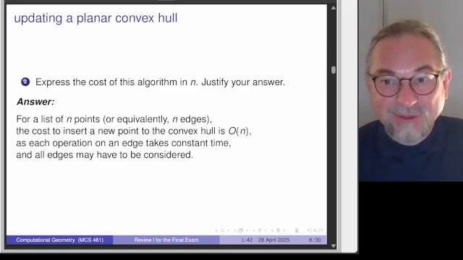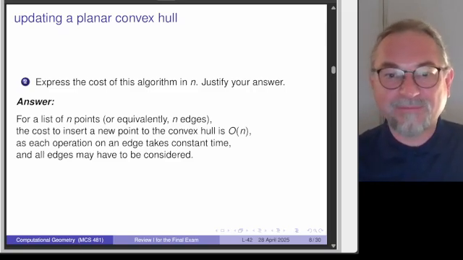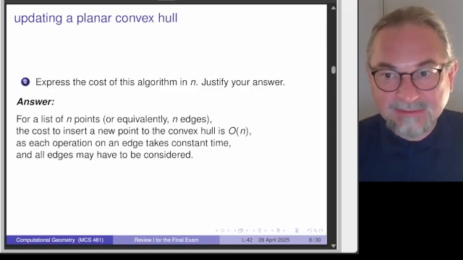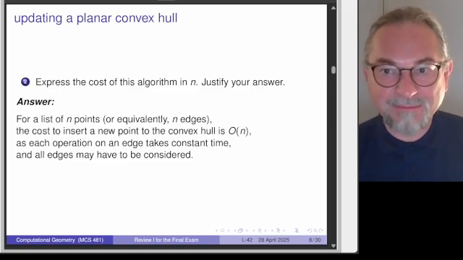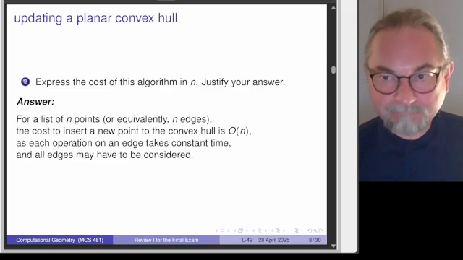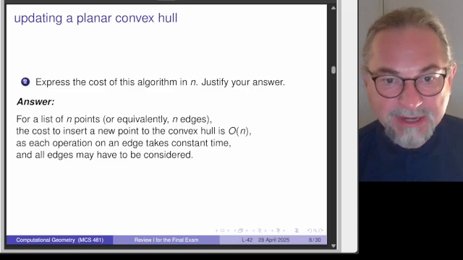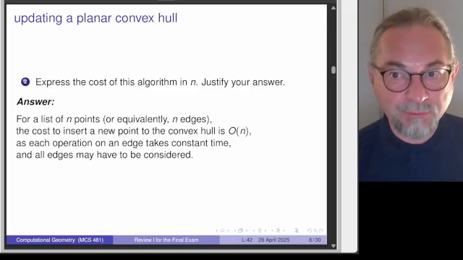In the worst case, it could be that the last edge has to be replaced, and that is the edge between the last point and the first point, because we reason cyclically. That's kind of the worst case. It could also be done in constant time, but in the worst case, we have n steps, as we have to consider all points in that list Q.